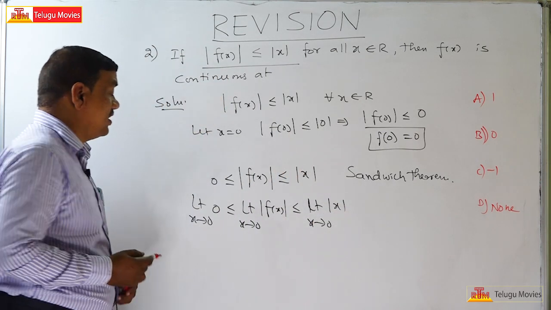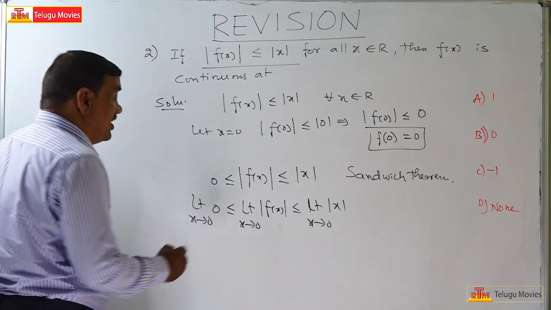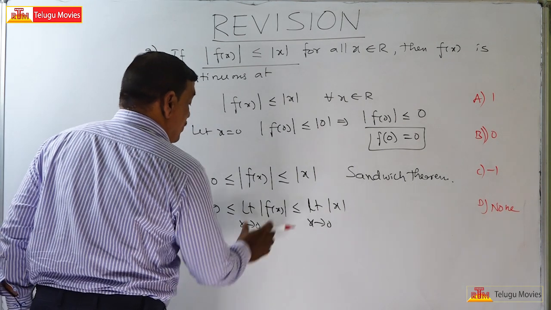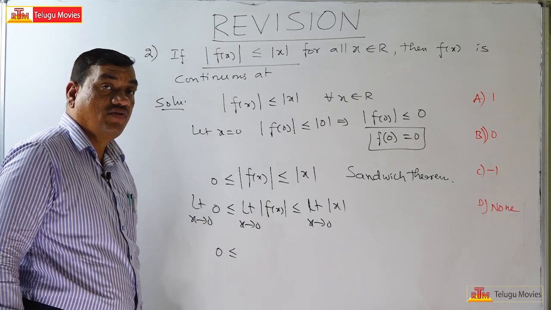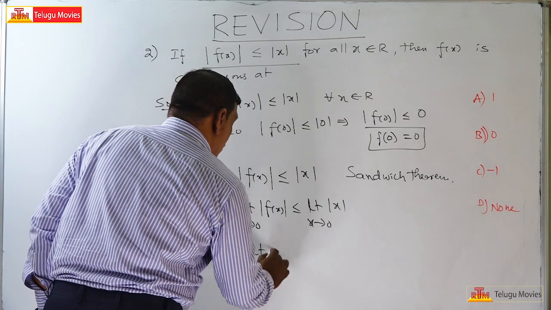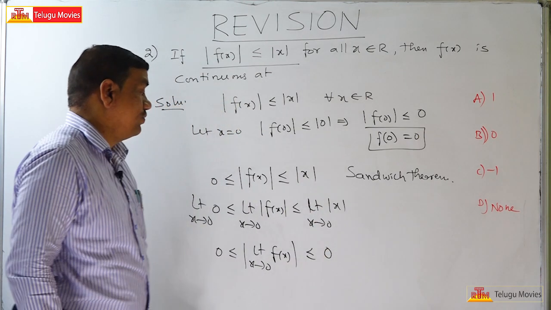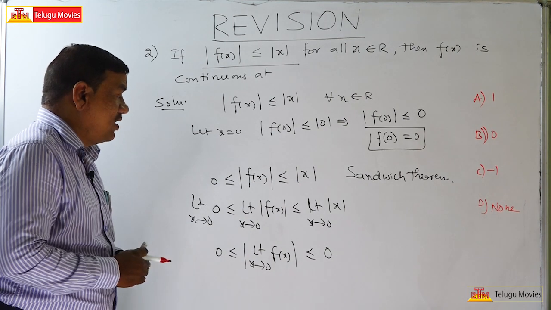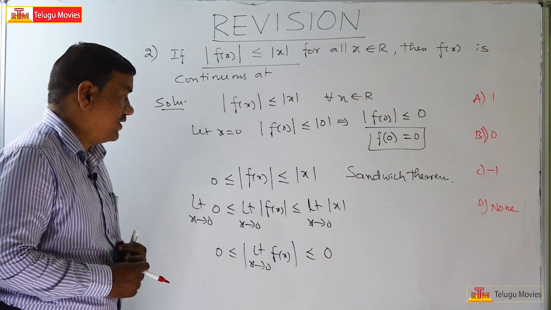That means throughout the inequality I applied limit x tends to 0. So 0 is less than or equal to limit x tends to 0 modulus of f of x, and modulus of limit x tends to 0 f of x is less than or equal to limit x tends to 0 modulus of x, which is equal to 0.